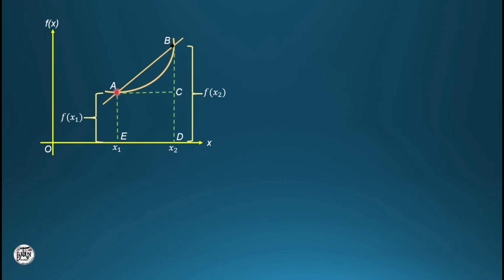From this point, we indicate the points E, B, C, D, then E. Also, we indicate the distance from the origin to here, which is x sub 1, then another is x sub 2.